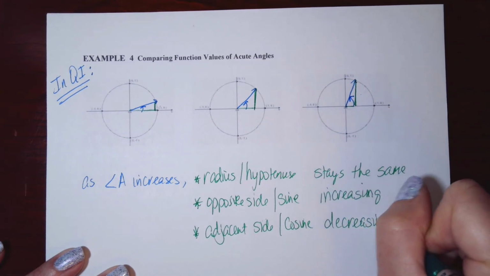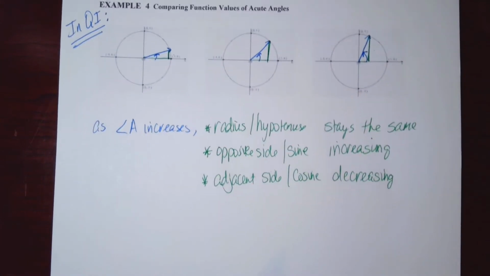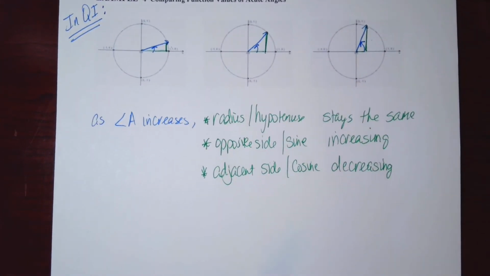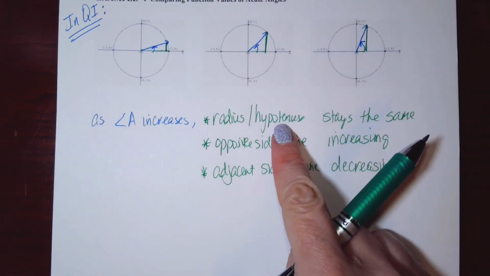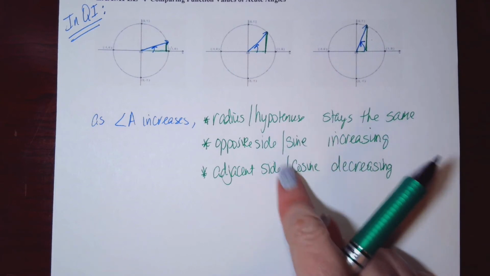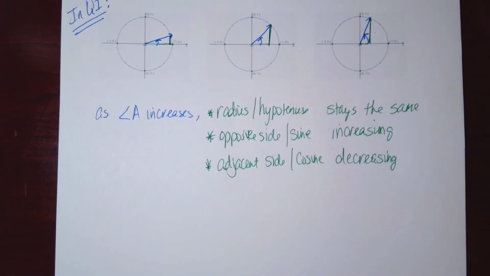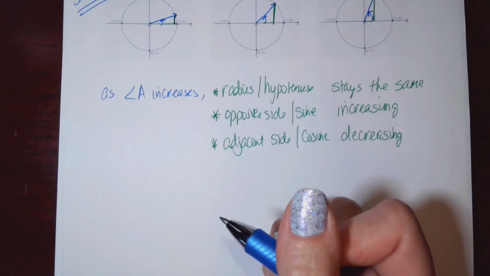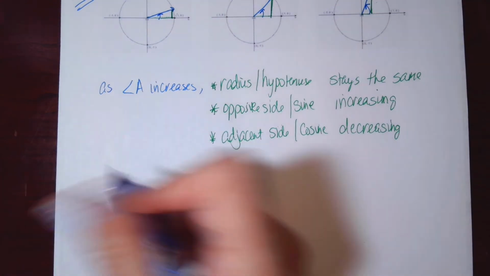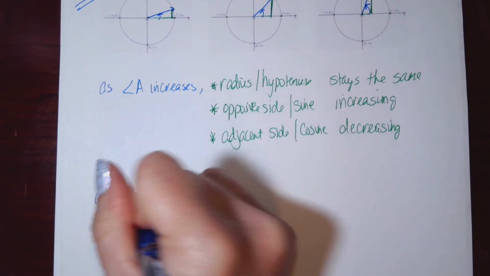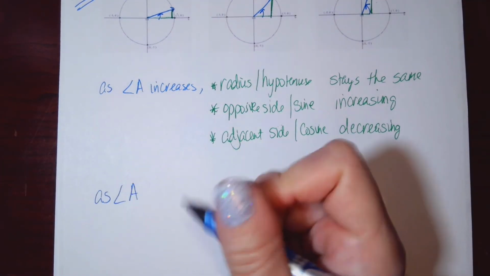As angle A increases, that adjacent side is decreasing. So the hypotenuse is staying the same. So the sine and cosine function values are increasing or decreasing relative to that hypotenuse that is staying stable. So what can we talk about as far as sine, cosine, and tangent of angle A?